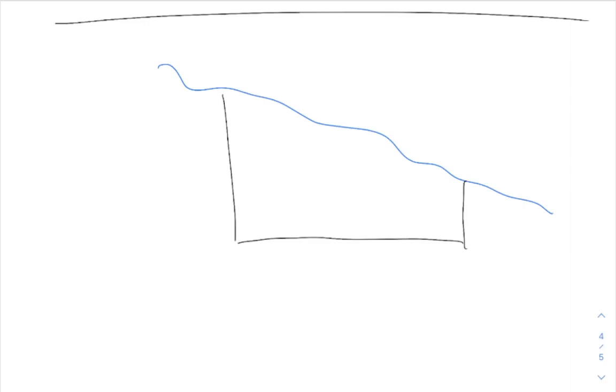Let's say that this has some width like that, and then the way that the river goes, this is going to be some height here, and then this height will be 2y, just because of the slope of the river there. I think this makes sense.